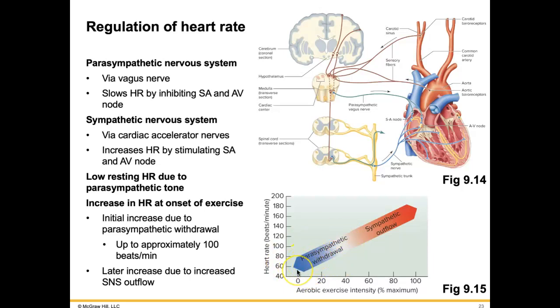So we're not keeping that heart rate low because the parasympathetic nervous system is gone. And then we start to see that the sympathetic nervous system is going to become increased as the exercise intensity increases. And so we could see we have higher heartbeats per minute at that time.